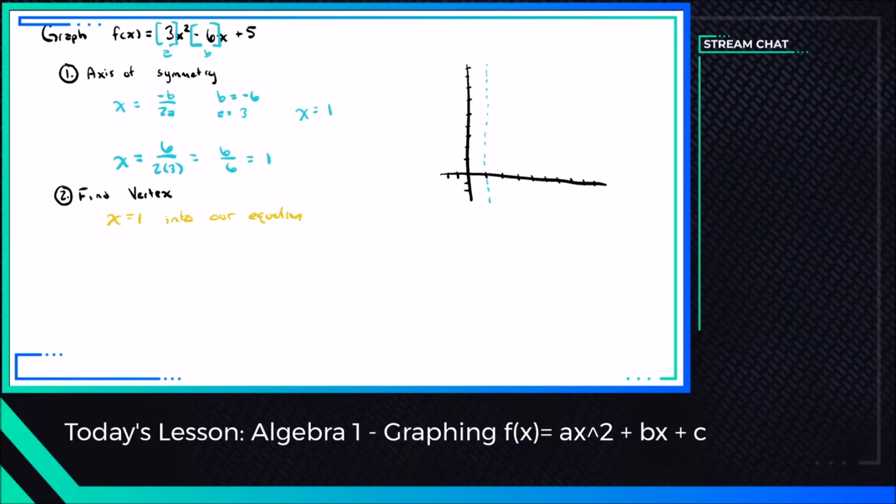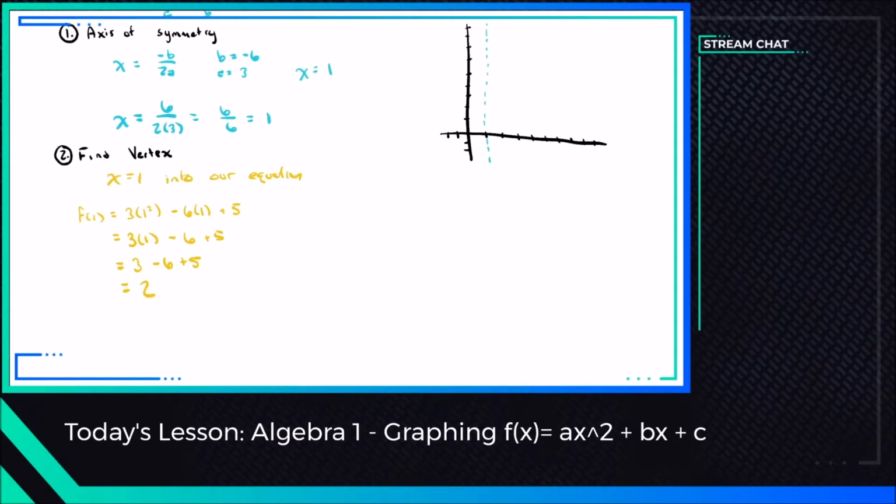So f of 1 is equal to 3 times 1 squared minus 6 times 1 plus 5. 1 squared is just 1, so that's 3 times 1. 6 times 1 is 6, plus 5. So that's 3 minus 6 plus 5, or in other words, a positive 2. And so our vertex is equal to the coordinate 1, comma 2. So we'll go ahead and draw that on the coordinate plane right there.